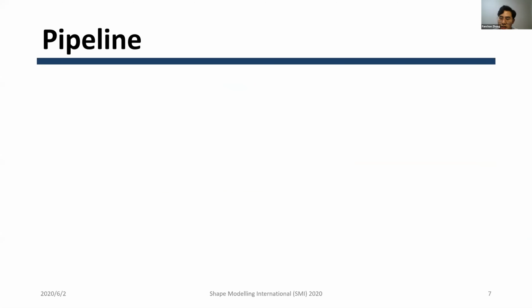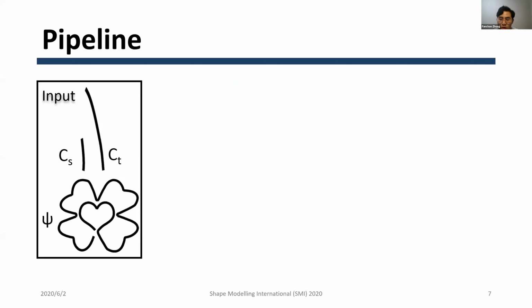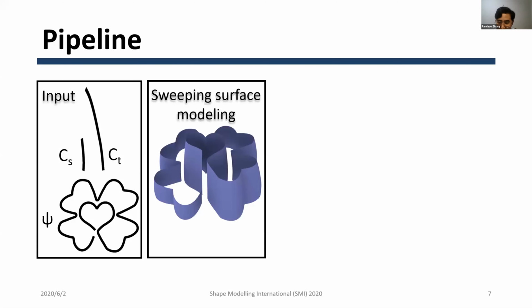And here is the basic pipeline for our framework. The input of the work is 3 curves joined with B-spline or predefined lines, as CS, CT, and phi, shown in the figure. The user completes the join of the 3 curves on a 2-dimensional plane.